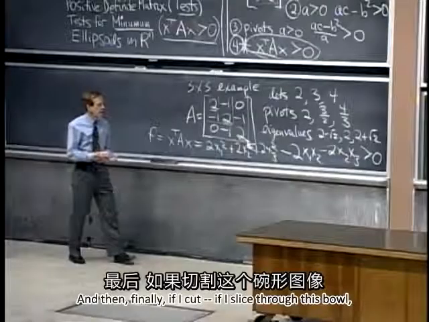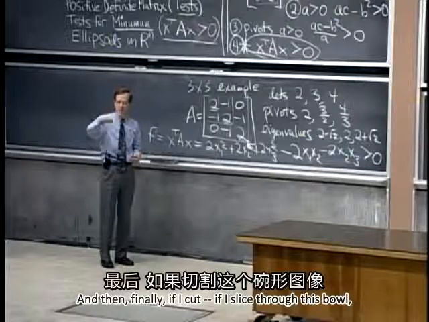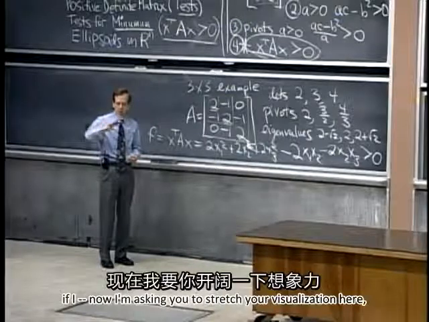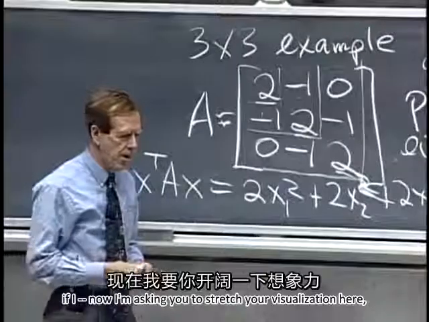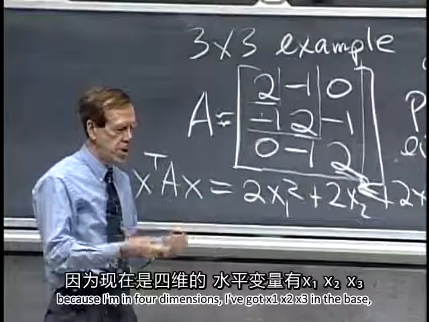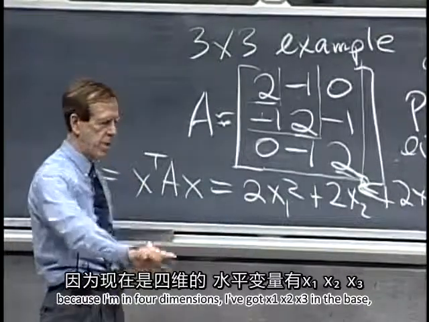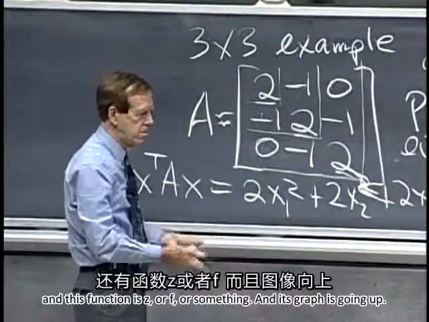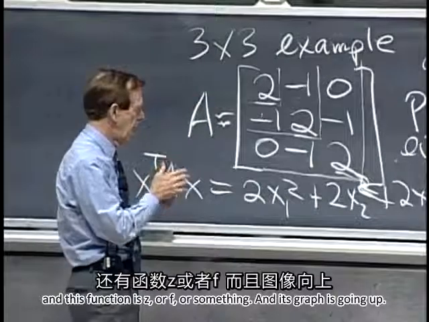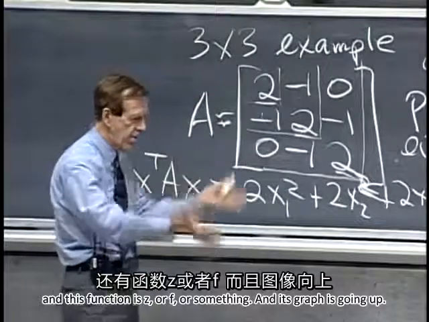And then finally, if I slice through this bowl, now I'm asking you to stretch your visualization here, because I'm in 4 dimensions. I've got x1, x2, x3 in the base, and this function is z, or f, or something. And its graph is going up.